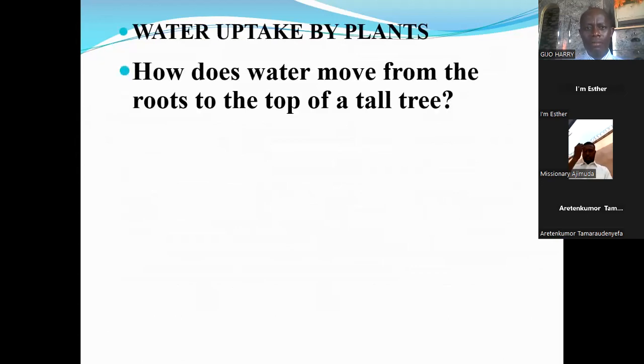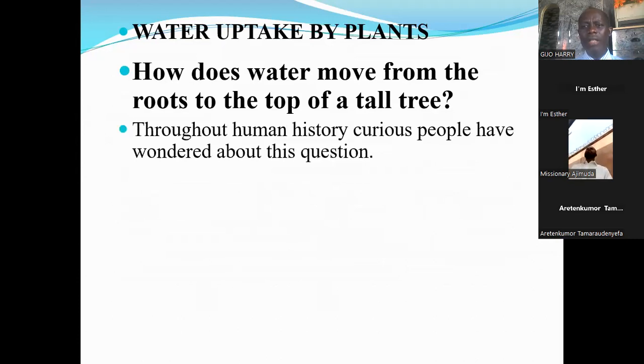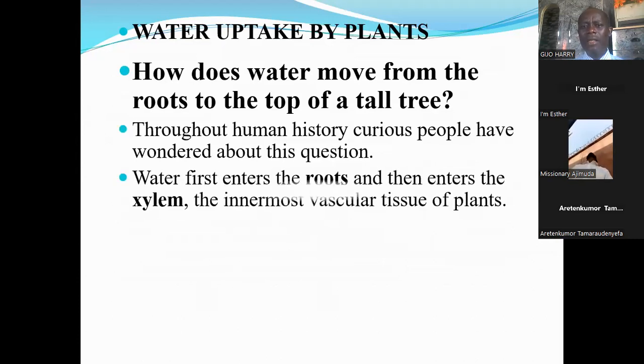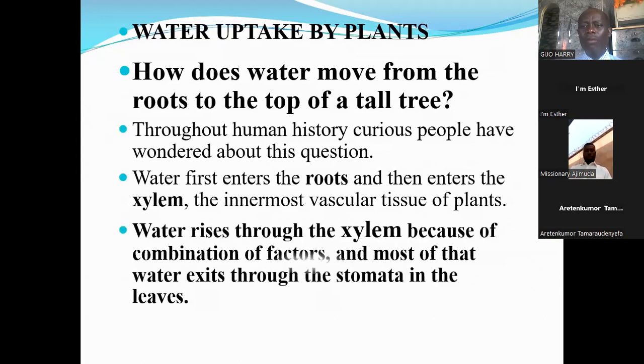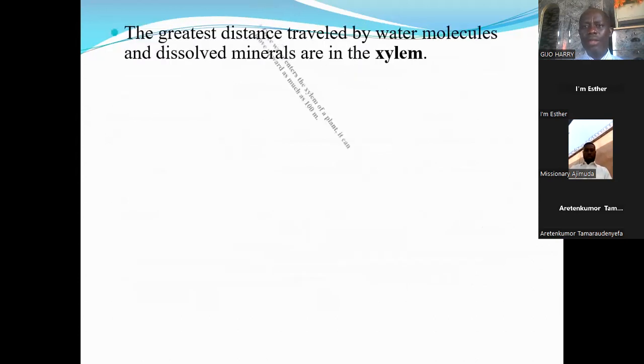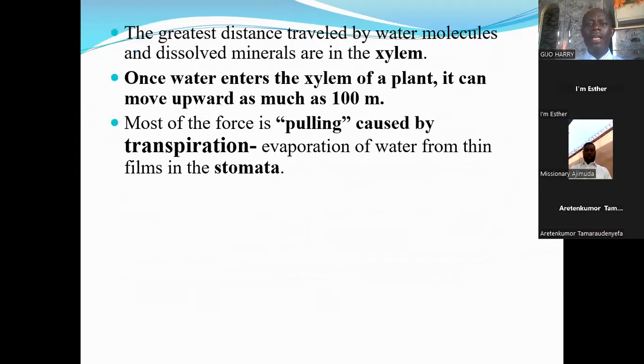We also looked at how water is taken up by plants from the roots to the leaves of the tallest plant. We established that movement of water is through the xylem tissues. And some factors are responsible for that, one of which is the cooling caused by transpiration.